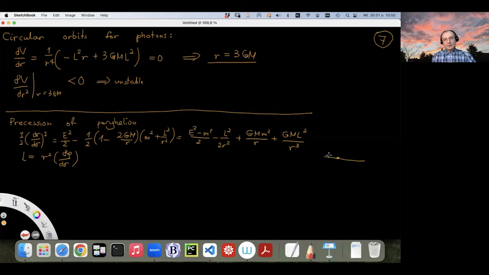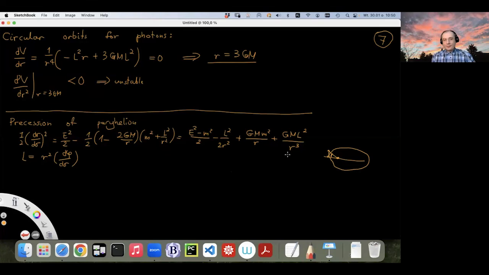So the body starts somewhere here, makes an ellipse, but this ellipse turns out to be not quite an ellipse, and the next minimum of the distance, the next perihelion, appears at a slightly different angle. We can read this off simply from the trajectory of the motion, not from the motion itself.